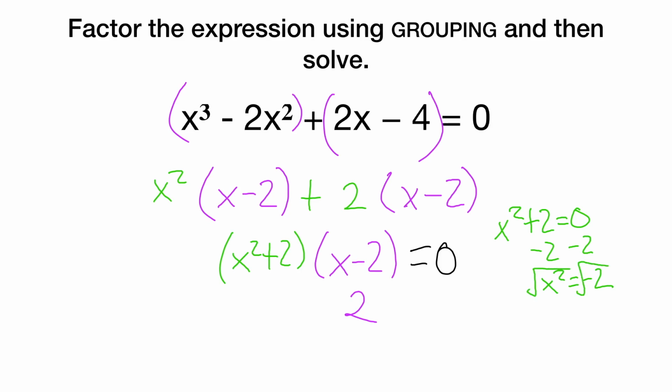But, oh no, we're square rooting a negative, meaning x would equal i square root of 2. But because the square root can be positive or negative, we would say plus or minus i square root of 2. Meaning, my solution over there is plus or minus i square root of 2. So those are my three solutions for this equation.